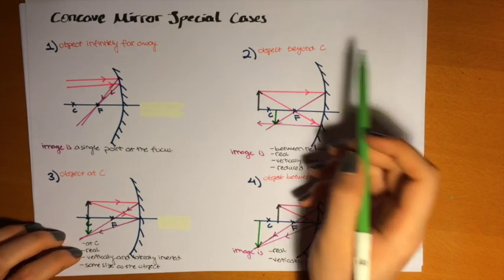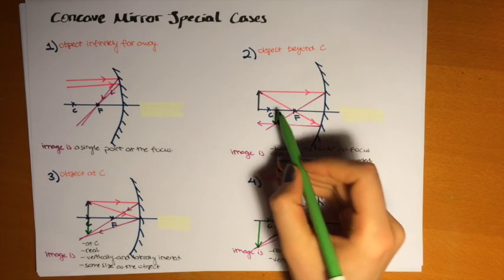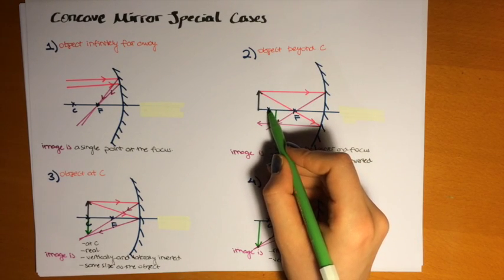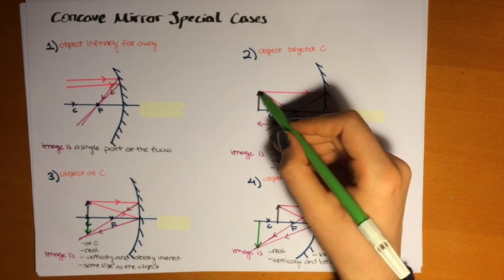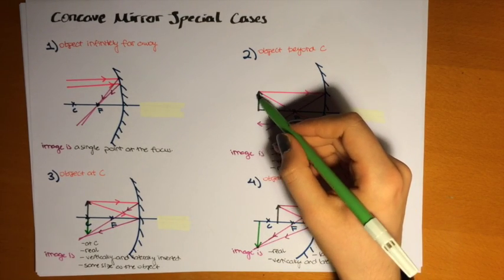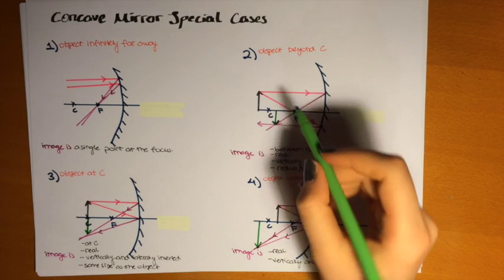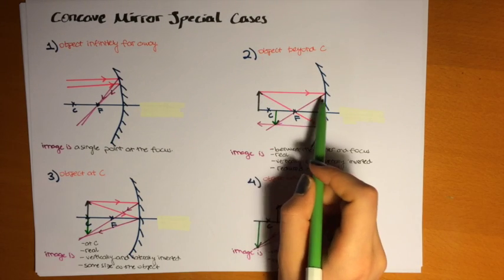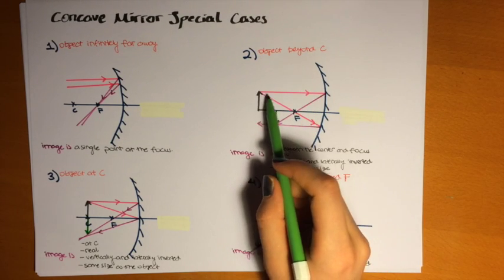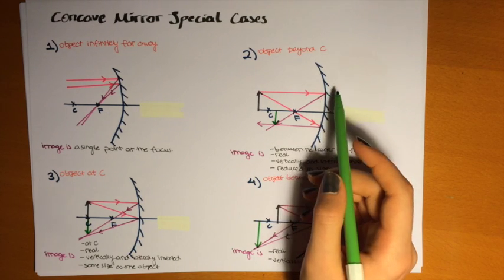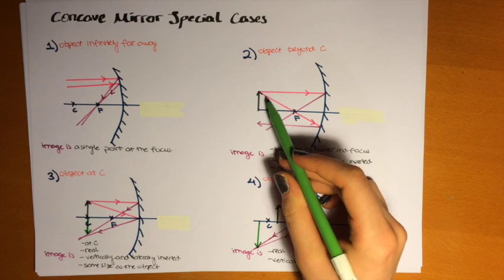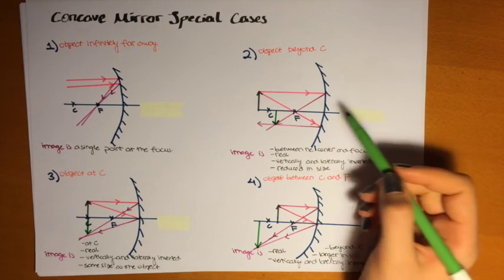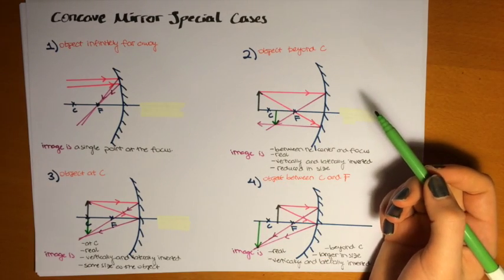The object beyond C means that the object is located beyond the center here. When I send my special rays, I send one parallel to the primary axis, and it reflects from the focus. I send my other one, you could have sent it from the vertex, it wouldn't really matter.